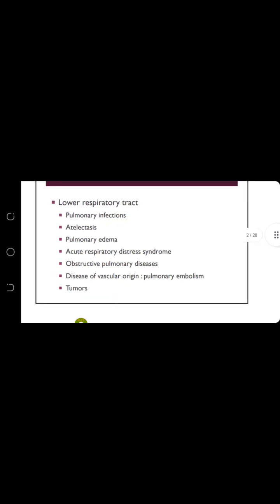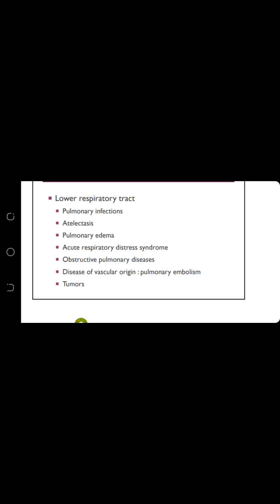The lower respiratory tract receives infections that are very common. We have pulmonary infection, which is common, as well as atelectasis, and pulmonary edema is also common.